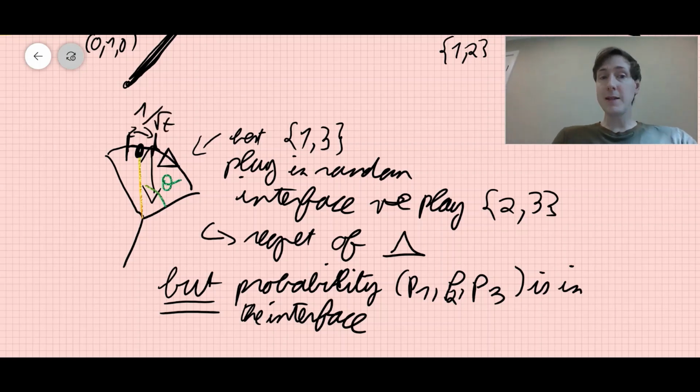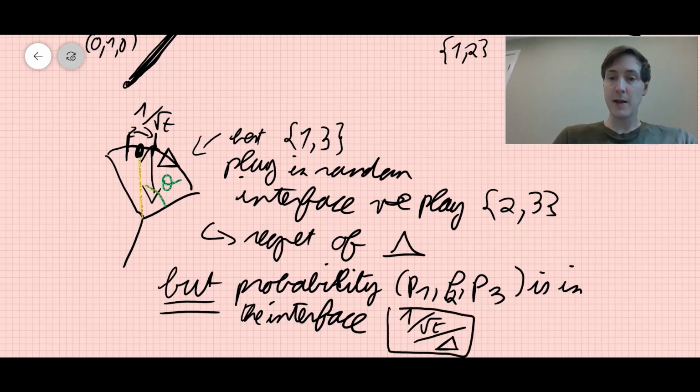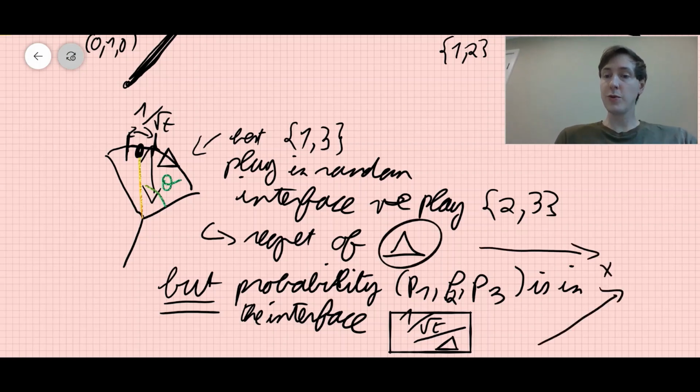So the probability that I fall at distance 1 over square root t from this random interface, which is at distance delta, is 1 over square root t over delta. So this probability times the regret, the product of the two gives me 1 over square root t. So on average, my regret from this random interface is only 1 over square root t.